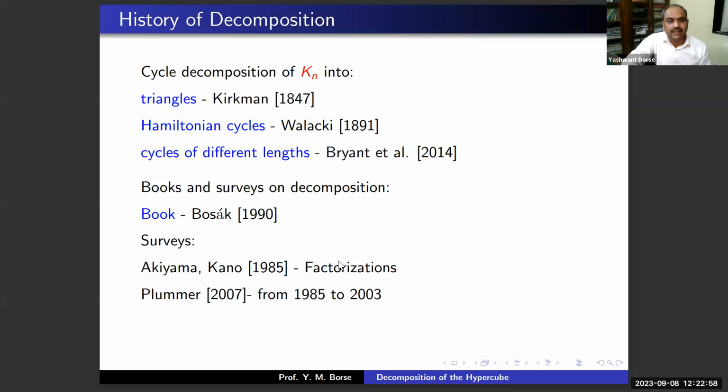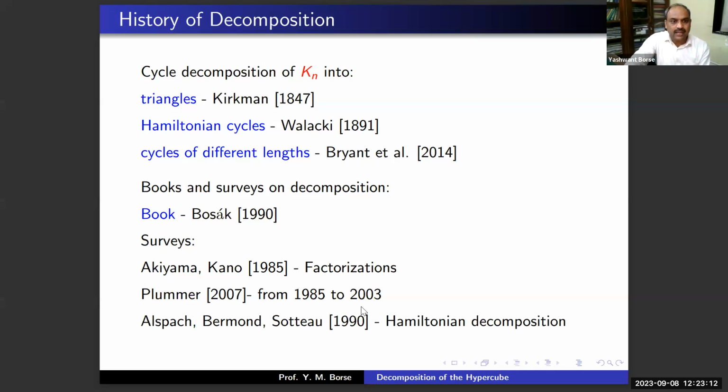There is another survey which records the development on this topic from 1985 to 2003. And this is a survey by Alspach, Bermond, and Sotteau on Hamiltonian decomposition of graphs. This paper gives the construction of decomposition of Kn into Hamiltonian cycles.